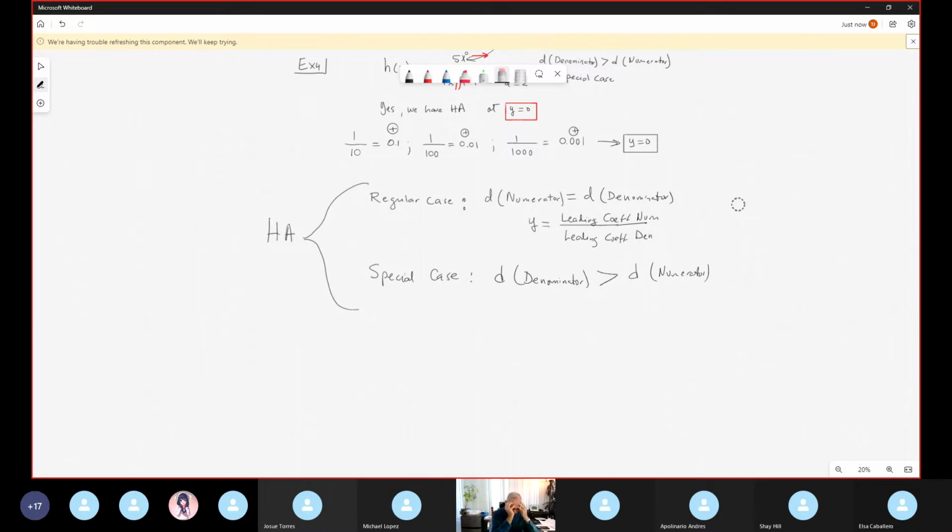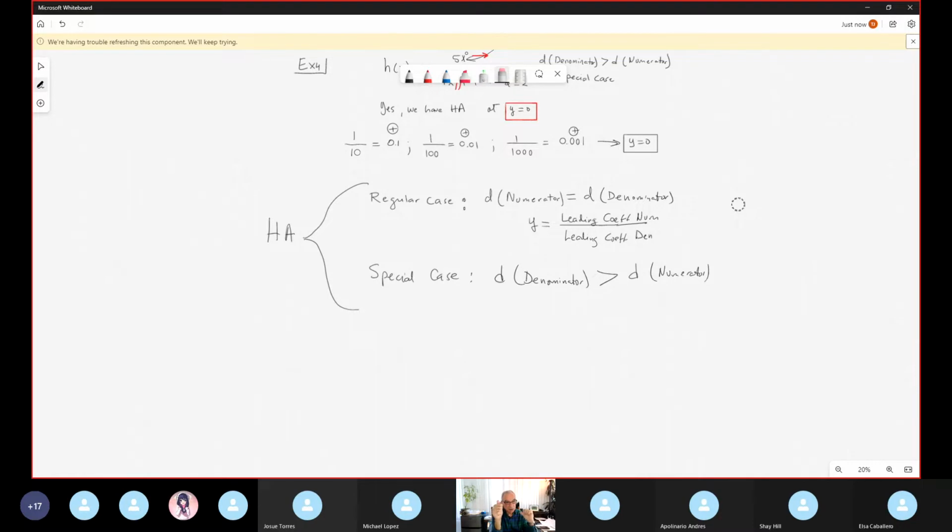Focus, please. To analyze the horizontal asymptote, you need to do a famous degree analysis. What is that? You analyze the degree of the numerator, boom, one number. You analyze the degree of the denominator, boom, another number, and we compare both.